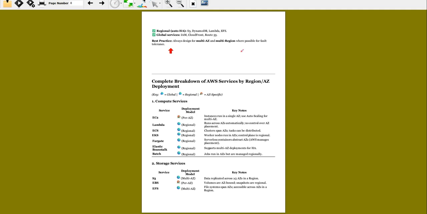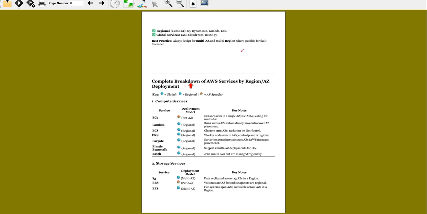Even when you use multi-availability zone or multi-region, there is a cost associated with that. Even with two availability zones, you have to pay for the traffic between these two, right? So, similar to regional. Let's have a look.